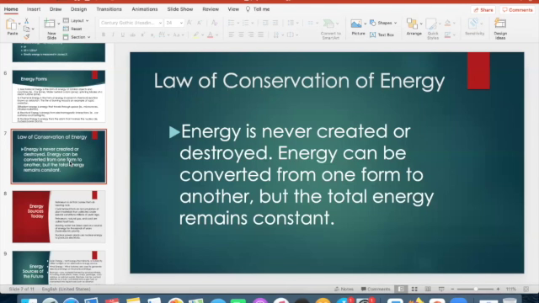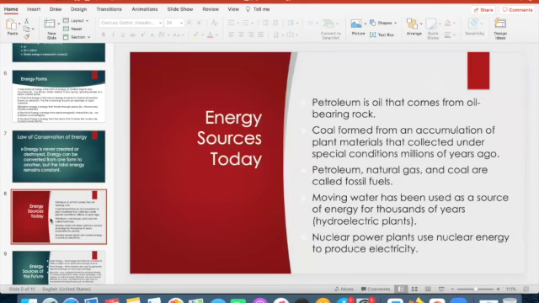All right, the law of conservation of energy. It states that energy is neither created nor destroyed, only conserved. So energy can be converted from one form to another, but the total energy remains constant. The energy sources of today that we're trying to move away from, petroleum, coal, natural gas, these are known as our fossil fuels.